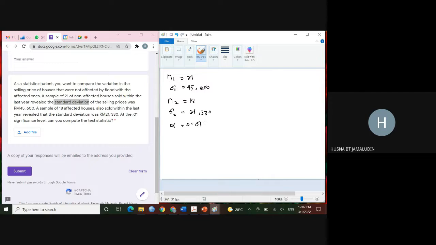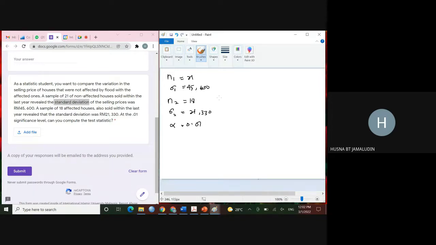If they ask you to solve the problem, then you solve it. But in this case, they only ask you to compute the test statistic. You know that hypothesis testing has 6 steps, but in this case, they only want you to solve one step, which is step number 3, test statistics.